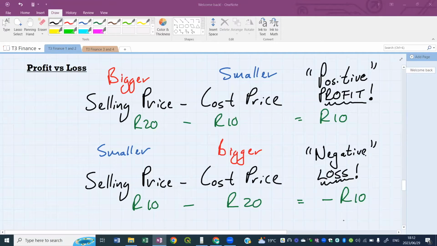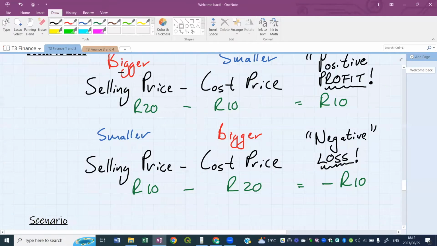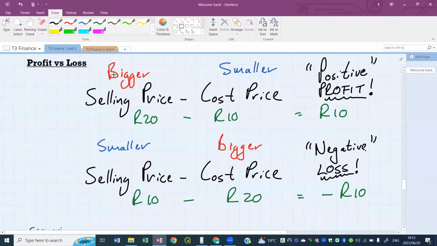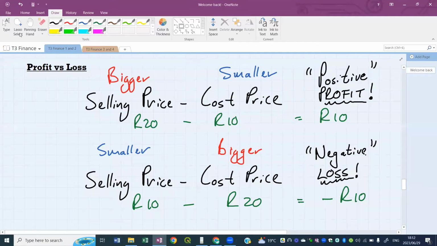Okay, so when your selling price is smaller than your cost price and you get a negative answer for this sum, you're making a loss. If it's the other way around, selling price is bigger than your cost price, and you get a positive answer, you're making profit. Okay, so these two formulae here are both used to work out profit and loss. The main thing is that you are trying to do the selling price minus the cost price.